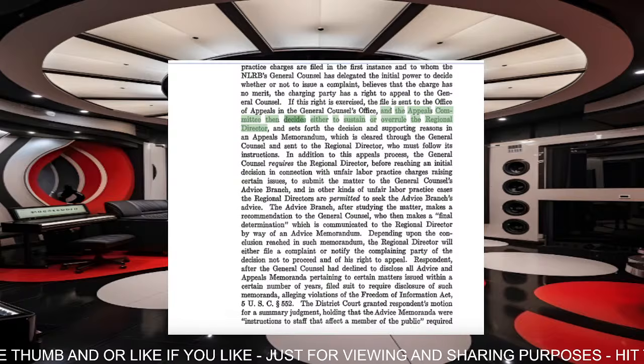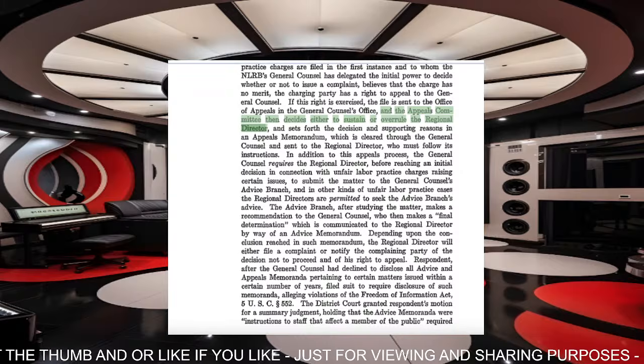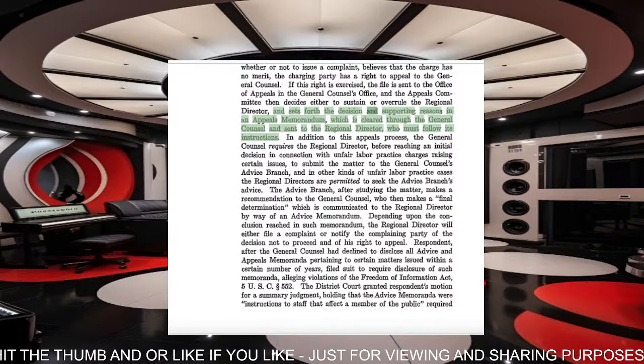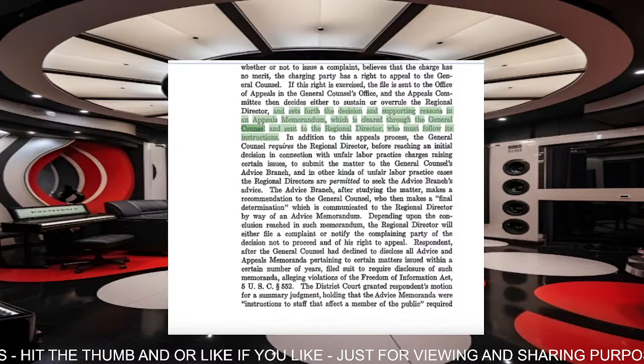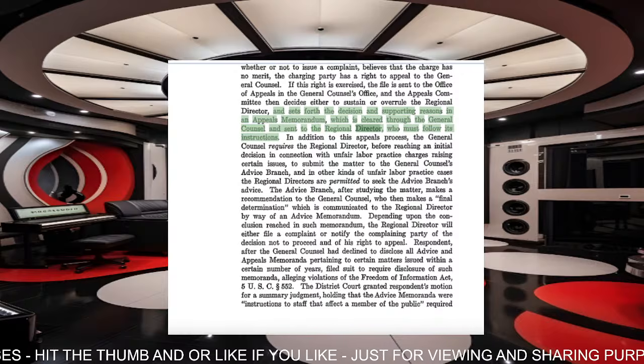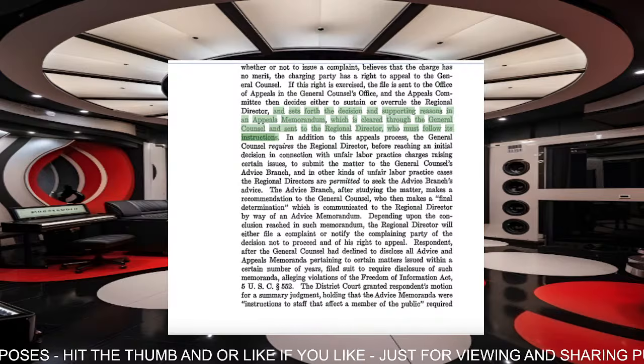the Appeals Committee then decides either to sustain or overrule the regional director, and sets forth the decision and supporting reasons in an appeals memorandum, which is cleared through the General Counsel and sent to the regional director, who must follow its instructions.